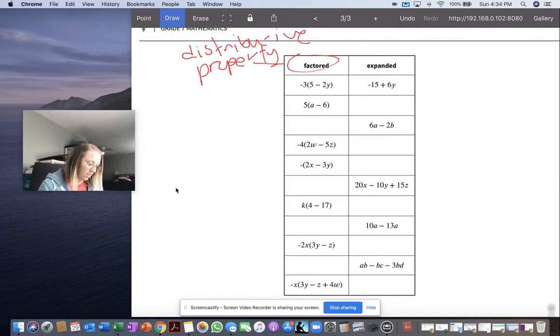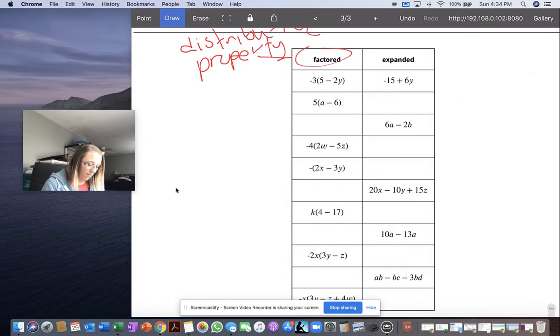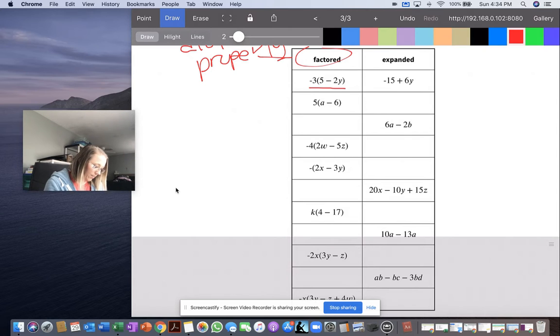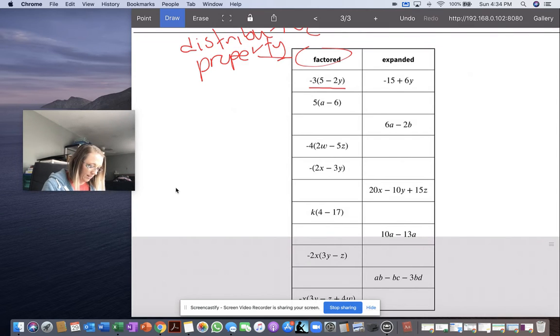So you see on the first one, you have negative 3 times 5 minus 2y. So all you're going to do is distribute. Negative 3 times 5 is negative 15.